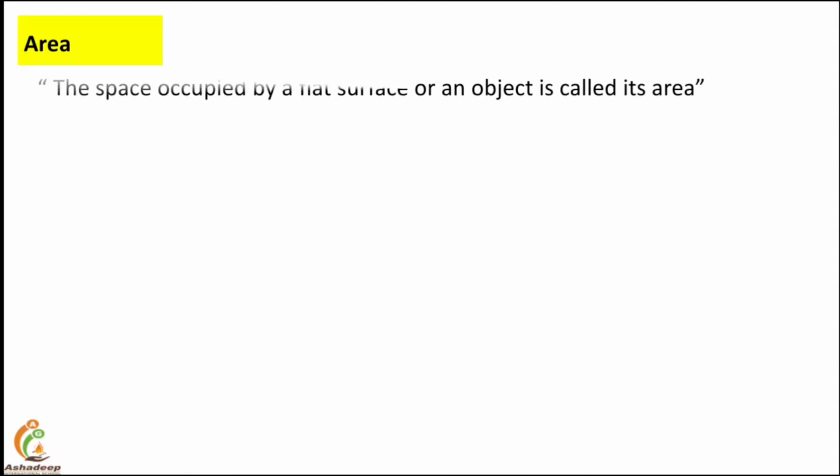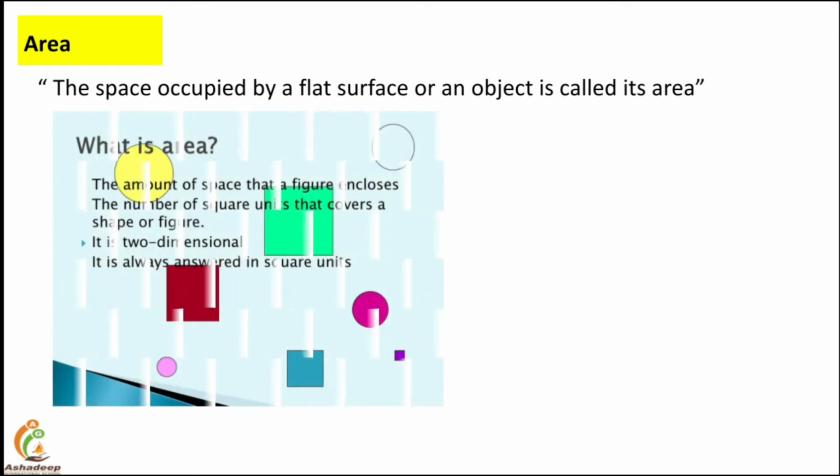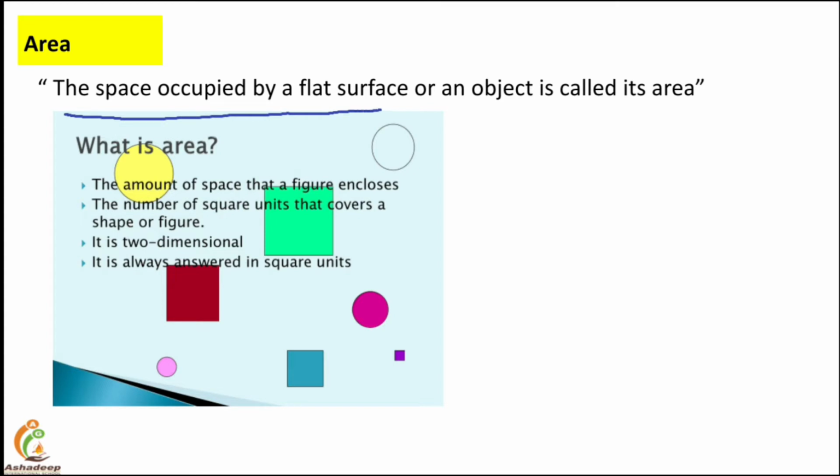What is area? First of all, we'll go for the definition of area, that is the space occupied by a flat surface or an object is called an area. Let me show you.